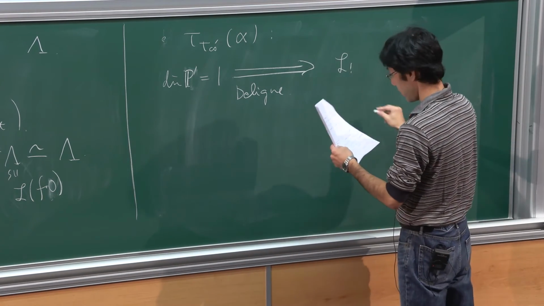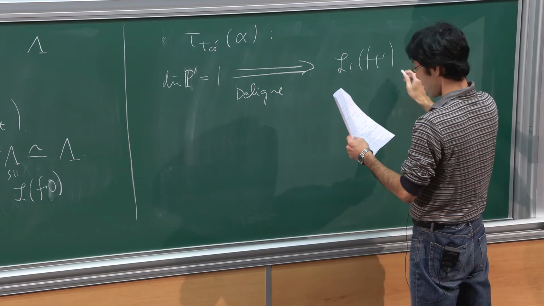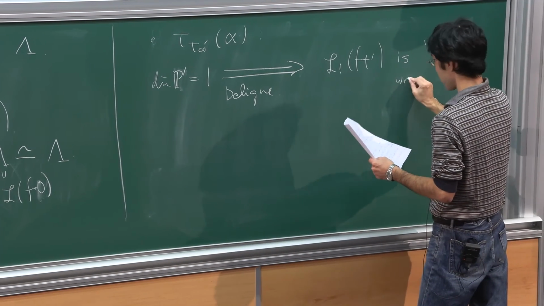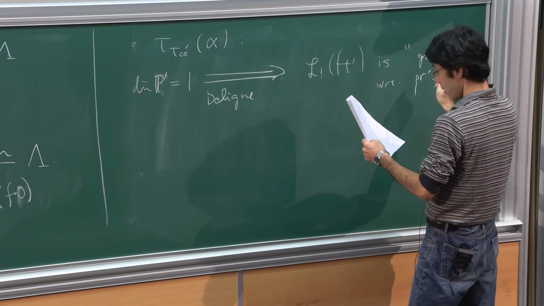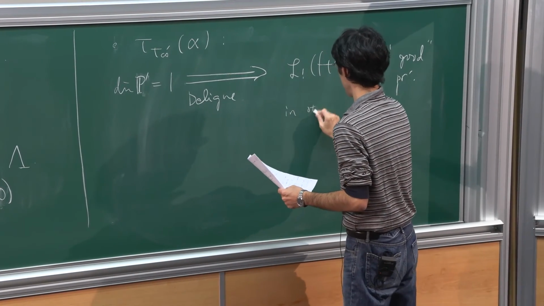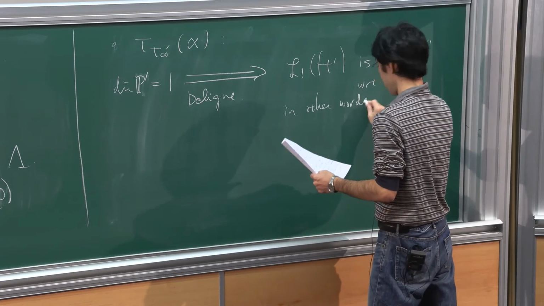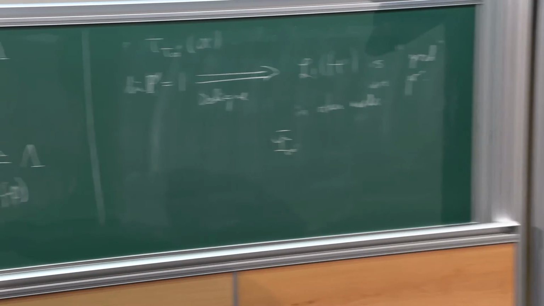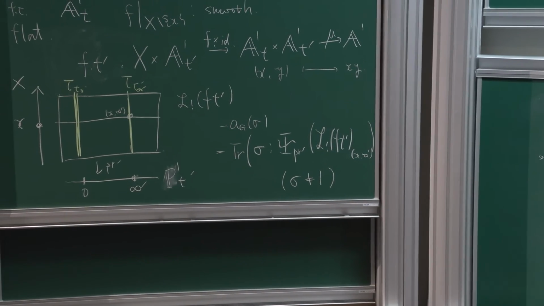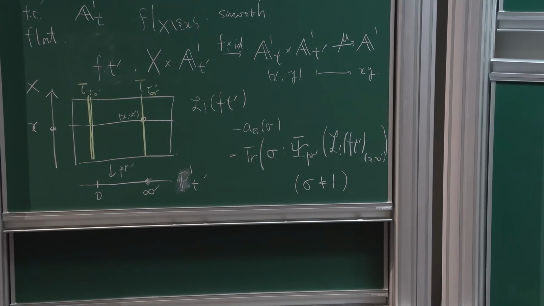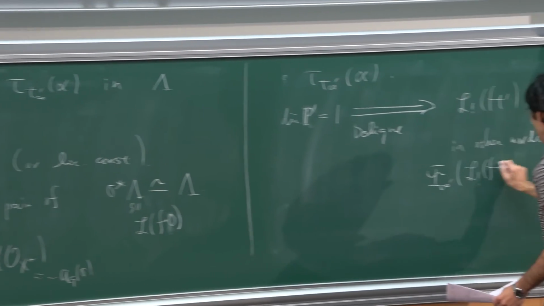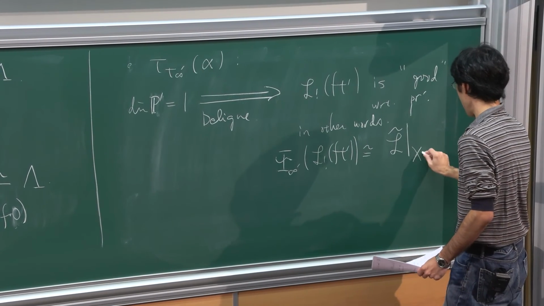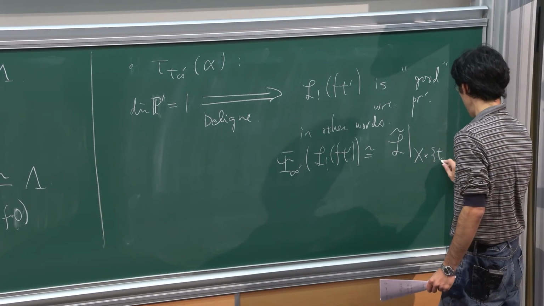This L tilde ft prime is good with respect to PR prime, or in other words, this nearby cycle, the classical nearby cycle, the one that I'm using here, at around infinity, of this guy would become the same as L tilde restricted to x cross t infinity prime.